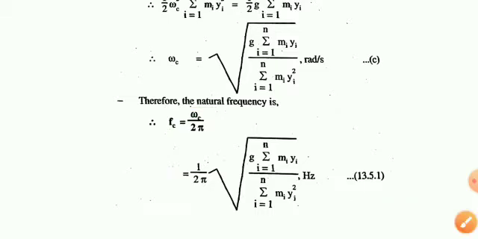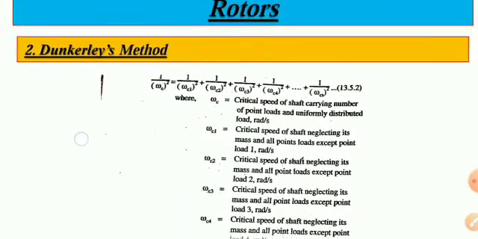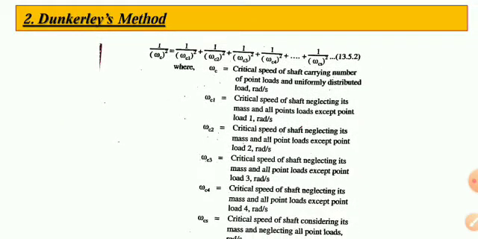Next, the second method to find the critical speed of a shaft carrying multiple rotors is Dunkerley's method. Here the critical speed of a shaft carrying multiple rotors, or a number of point loads along with a uniformly distributed load, is obtained by Dunkerley's formula, an empirical formula.